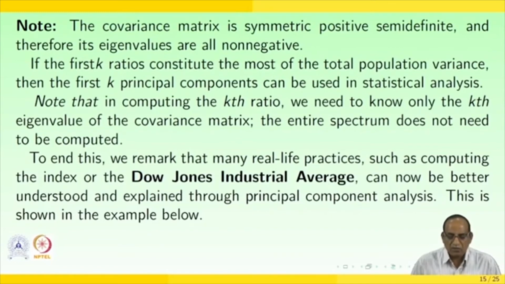By knowing the eigenvalues, we can find out some good spectrum which does not need to be computed. To this end, we remark that many real life practical situations such as the industrial average can now be better understood and explained through principal component analysis, and this is shown in the example.